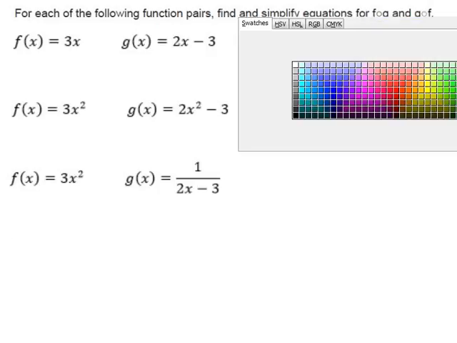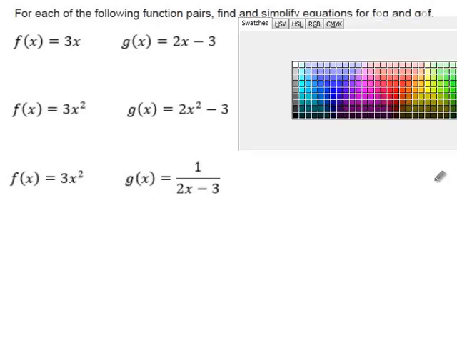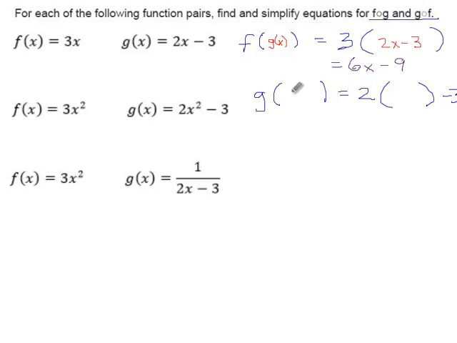We can do that the other way around easily enough. G of f of x, start with function g, which is 2 times blank minus 3. Now, what's getting plugged into function g?